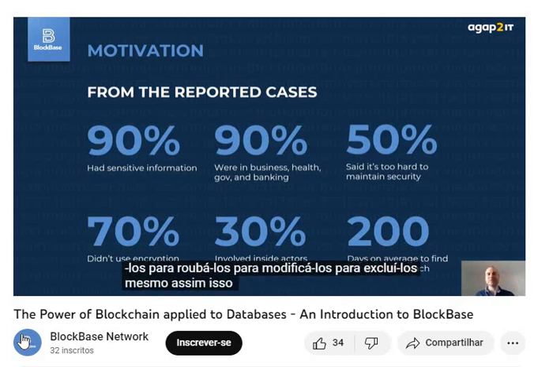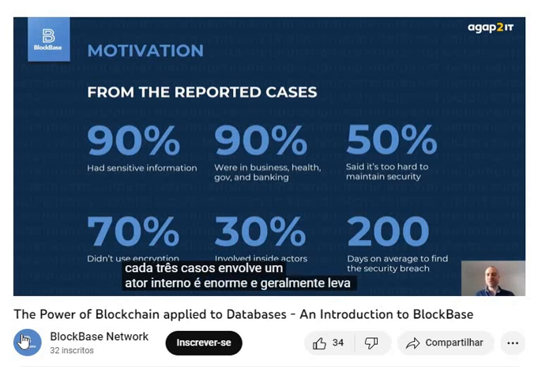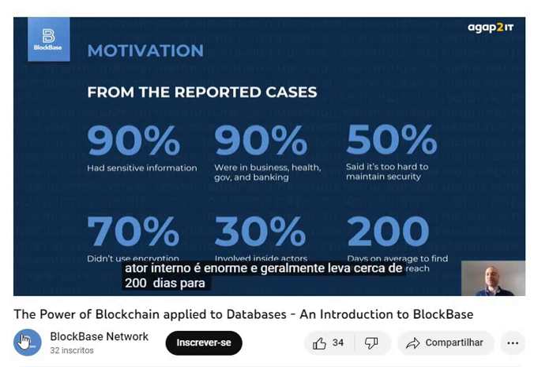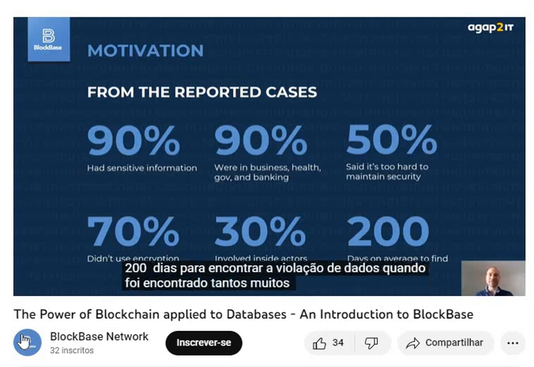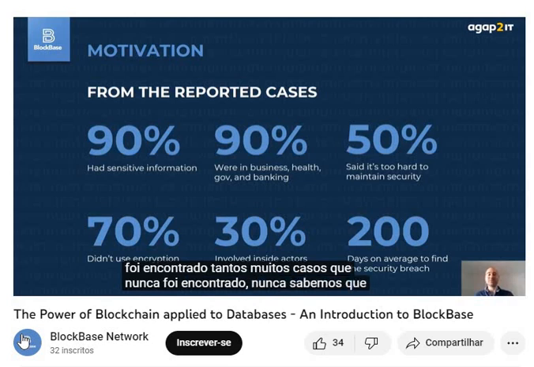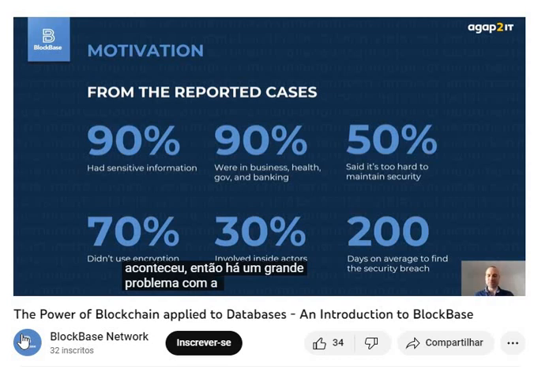This is a lot. It's huge. And usually it took about 200 days to find the data breach, when it was found. In many cases it is never found. We never know it ever happened, right? So there's a big problem with computer security and data security in general.